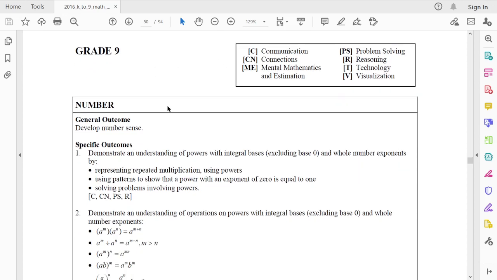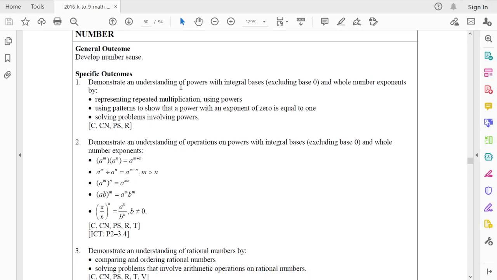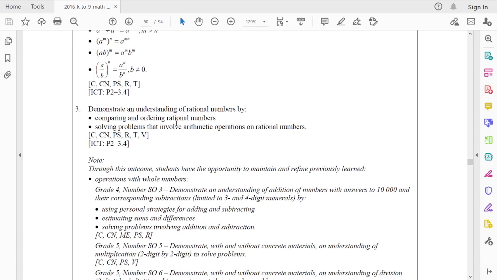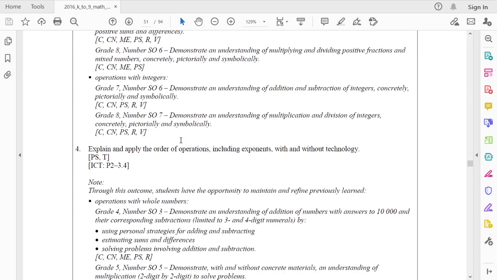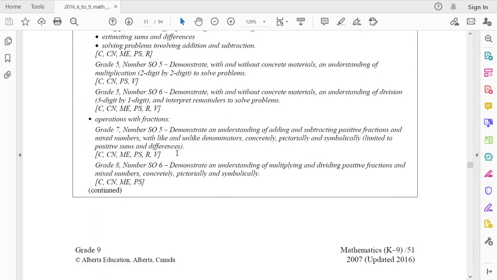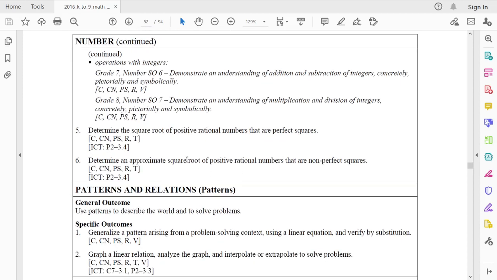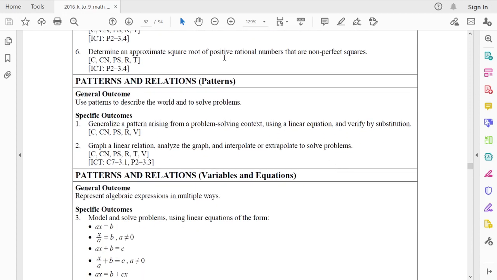As we go through the program of studies that's publicly available from Alberta's websites, we see that there are a few number outcomes here about understanding powers, operations with exponents, understanding rational numbers, including some prerequisite skills that they can make direct reference to, explain and apply the order of operations, including exponents with and without technology, determine the square root of positive rational numbers that are perfect squares, and square roots of positive rational numbers that are non-perfect squares. So those are the 6 number outcomes.